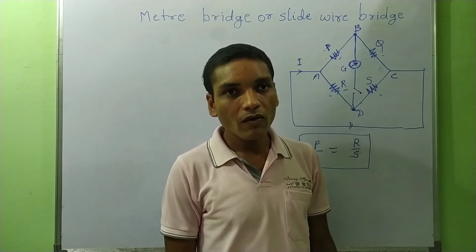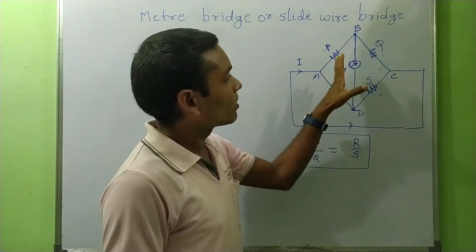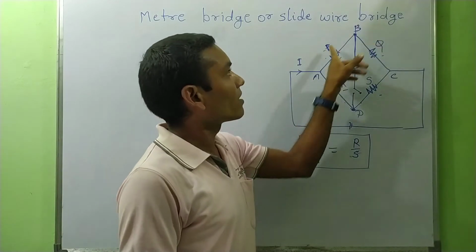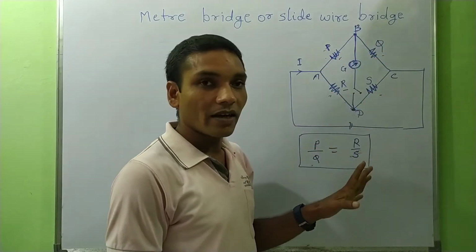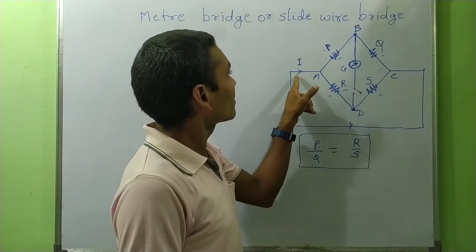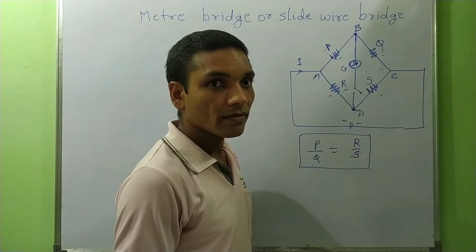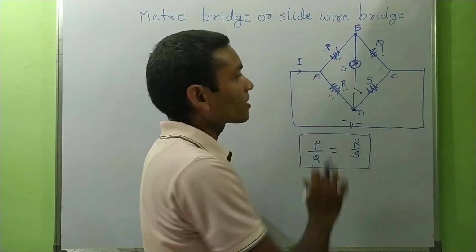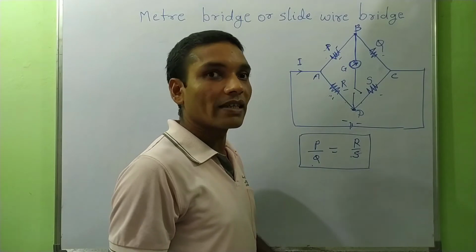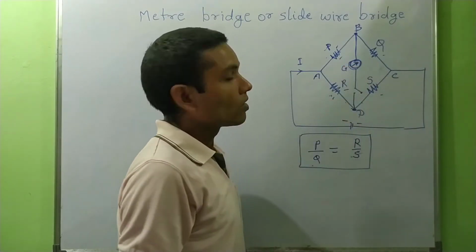So first of all, what is the principle of the Wheatstone bridge? In the Wheatstone bridge, 4 resistors are connected in the arms of a quadrilateral, and current is made to flow by an electric source. These two resistors are adjusted so that there is no deflection in the galvanometer.